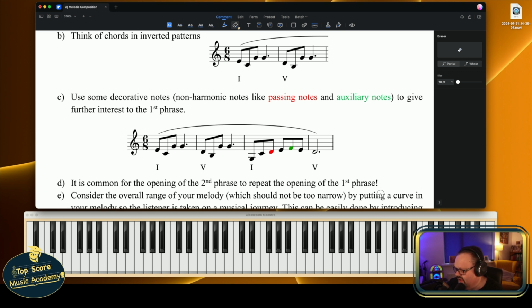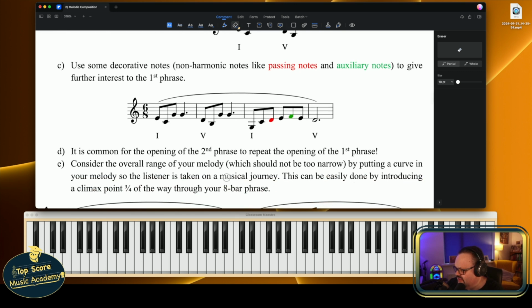And you can do that by putting a curve in your melody, so the listener is taken on a musical journey, just like when we talk about chord progressions as well. You go home to your tonic key and you leave your tonic key into other keys, and you may modulate, and then hopefully at some stage you'll get back to your original tonic key or your home key.